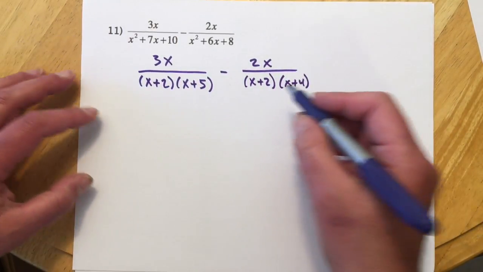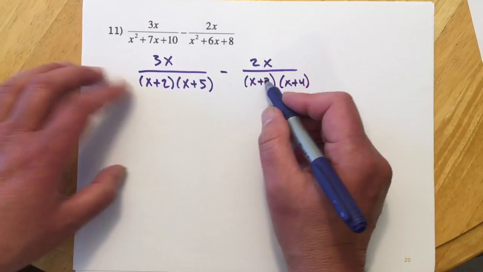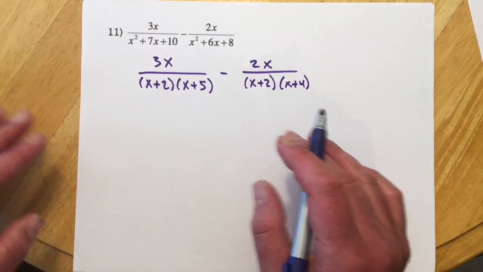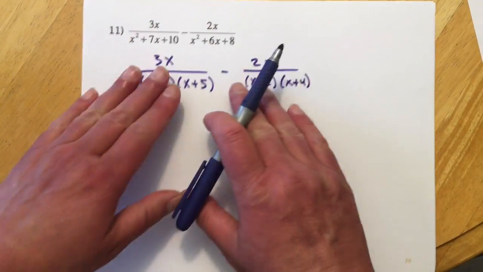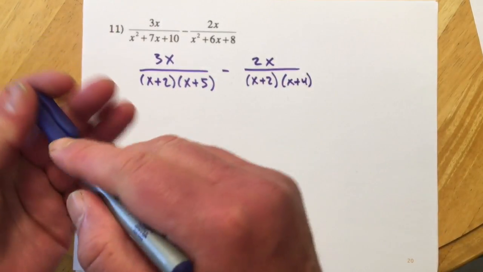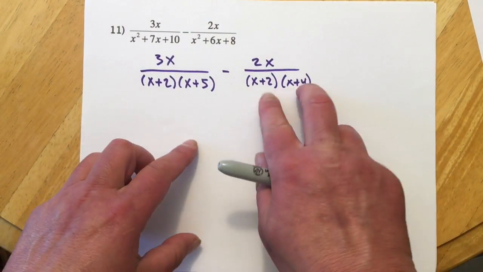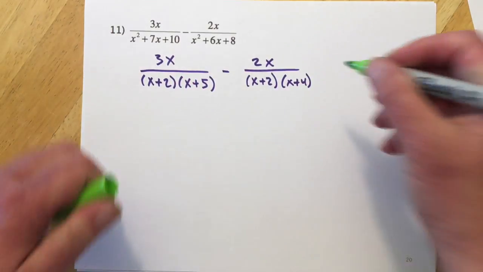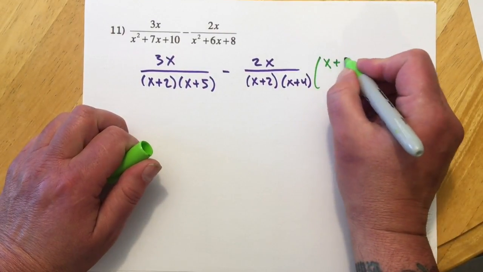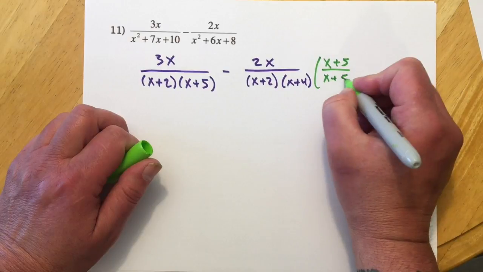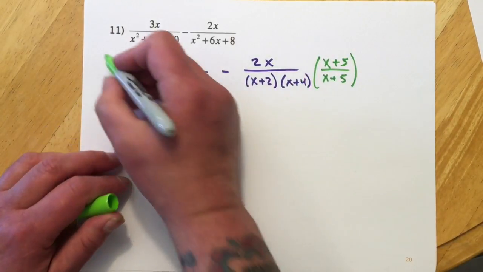Sometimes I'll see people on the test do this, where they just cancel these, and that's totally not true. You can't do that at all. So resist that urge. These are our jealous fractions, right? So this one has an x plus 5, so we're going to give it the x plus 5 over here. And then this one would be jealous of the x plus 4.